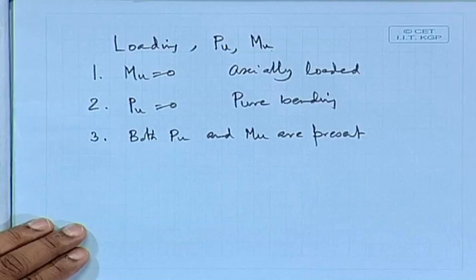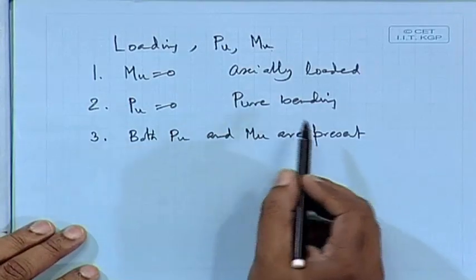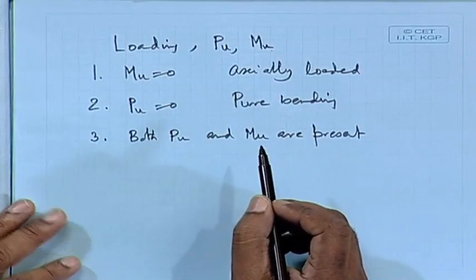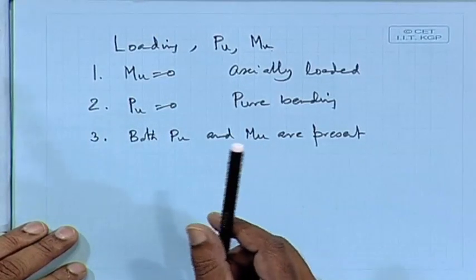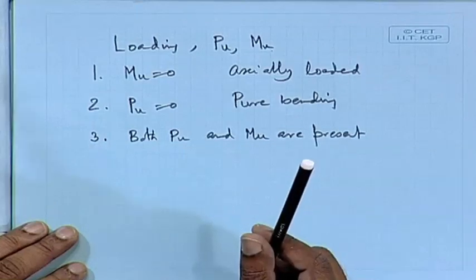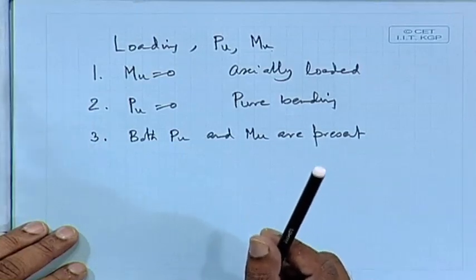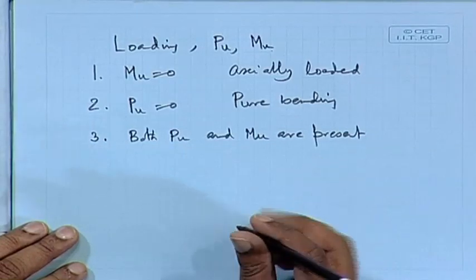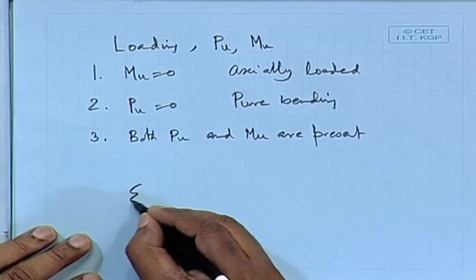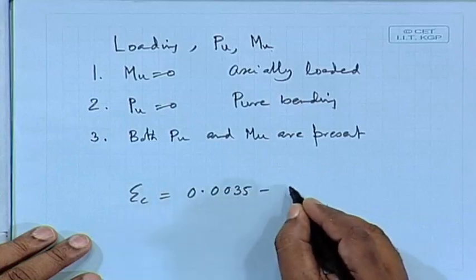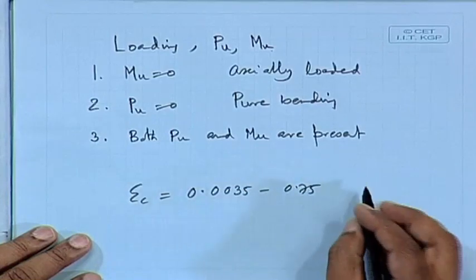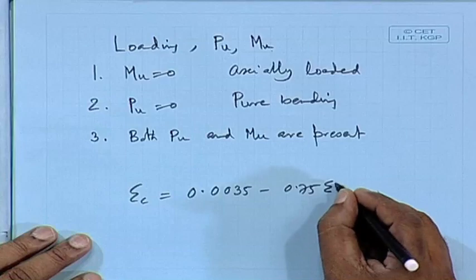If there is bending, our code says that at the maximum stressed point on the compression side, the strain epsilon c will be equal to 0.0035 minus 0.75 times epsilon dash c.